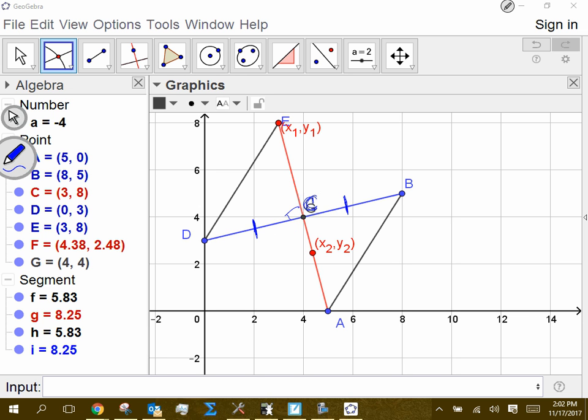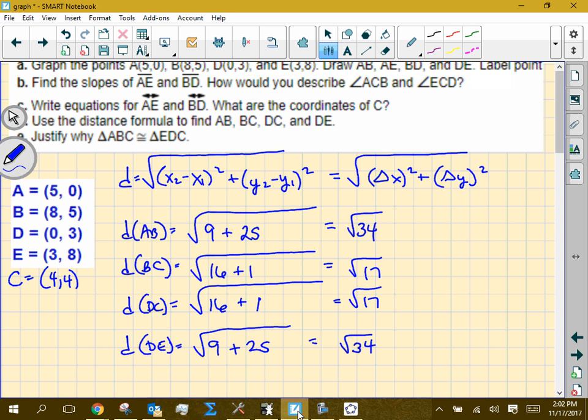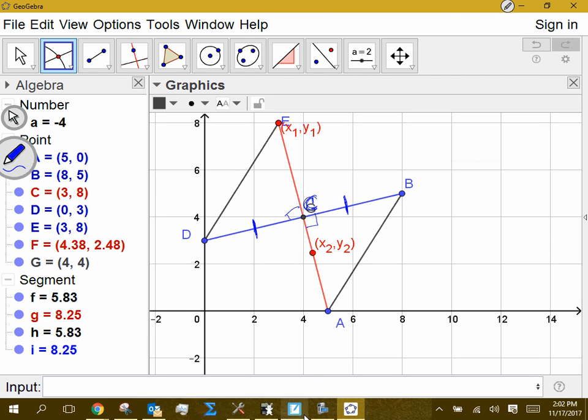We also knew we had right angles in here. And then the other piece of information tells me what about AB and DE? AB and DE were both radical 34, right? So AB, that distance there, and DE, that distance there, are the same.